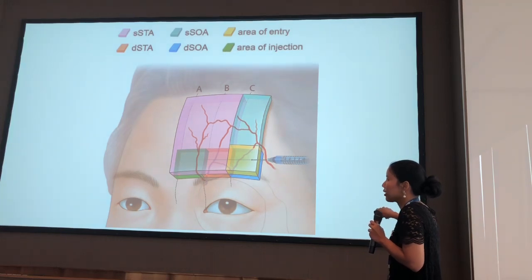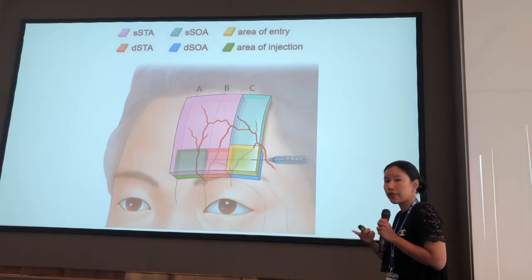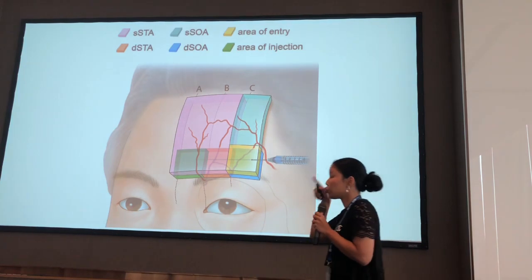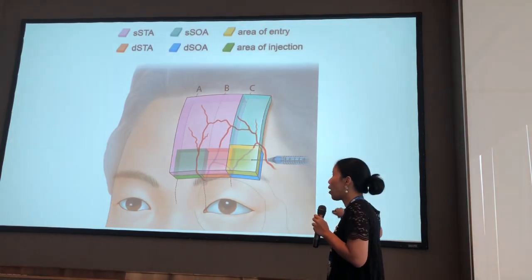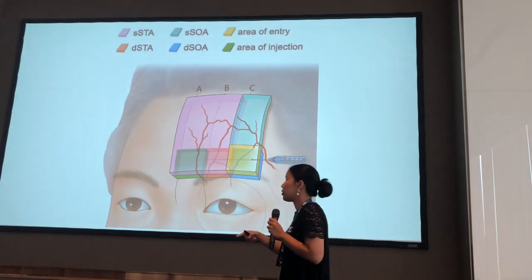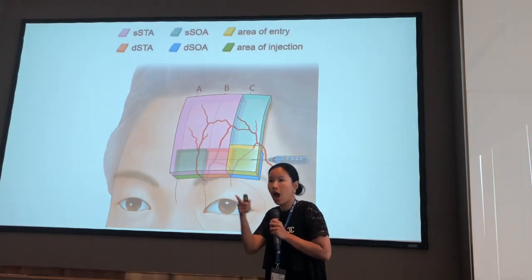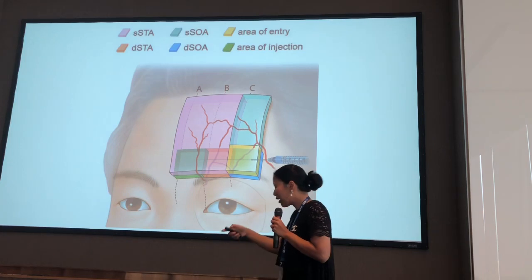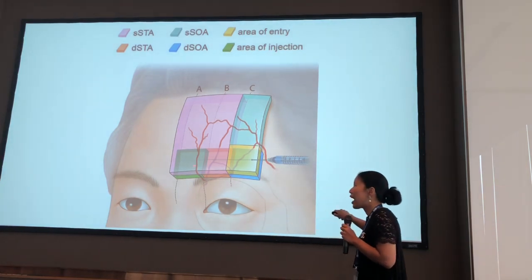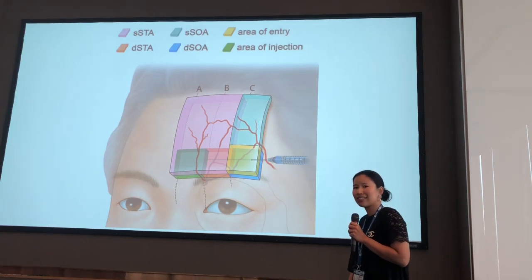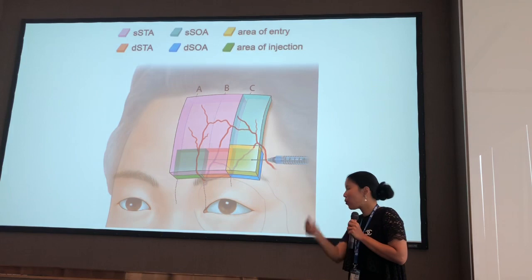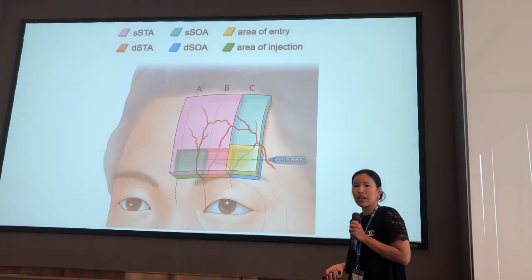The orange area is the area of the deep supratrochlear artery. And the pink one is the area of the superficial supratrochlear artery. So you can see that actually we have just a small safe zone, the green one like this, that Dr. Lin mentioned earlier. It's so narrow for the safe zone in this area.